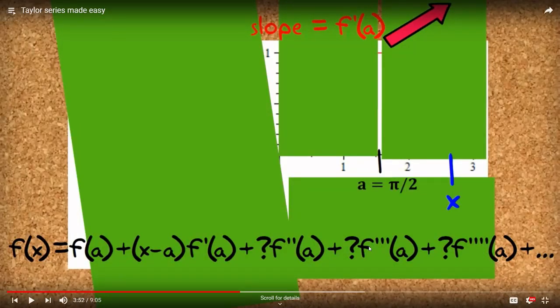And if you have the whole infinite series, that will give you the exact value of the function at location x. But we can't do infinite series in calculators and computers, so we usually truncate the series.